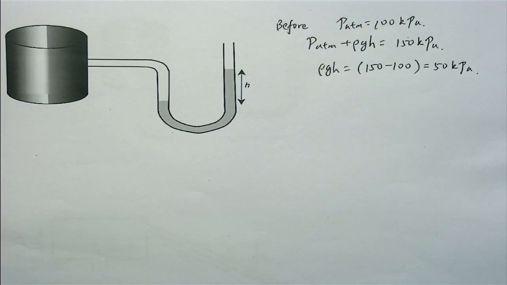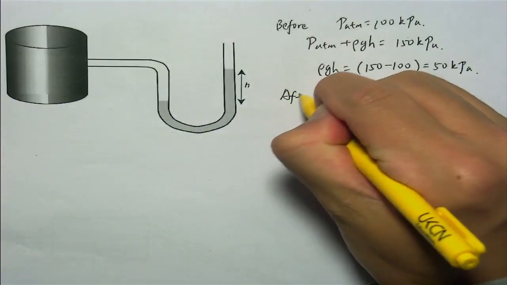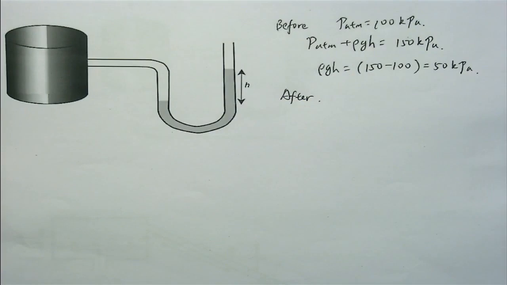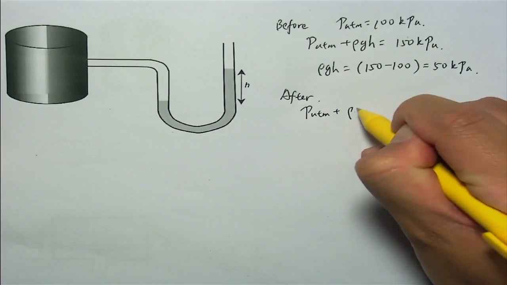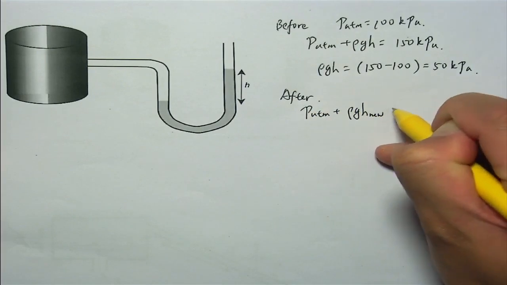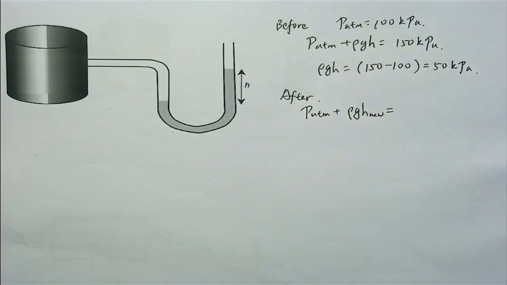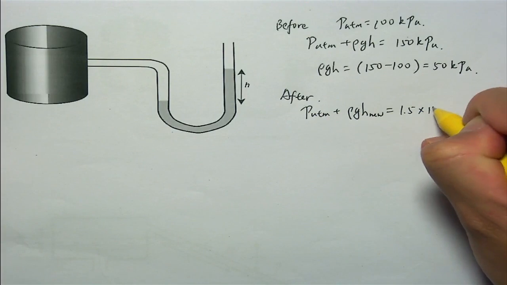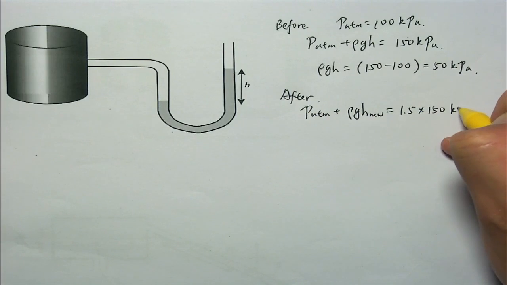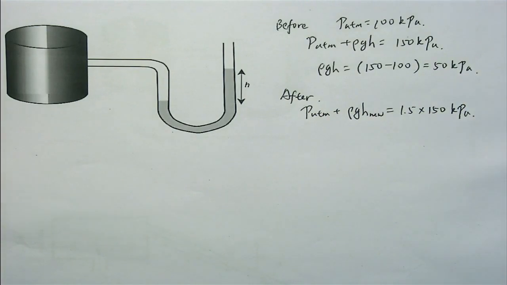It is the case before increase the pressure, but after it gets a new H. So we got P atmosphere plus rho GH new is equal to, so the pressure is increased by 50%, so it is 1.5 multiply 150,000 Pa.